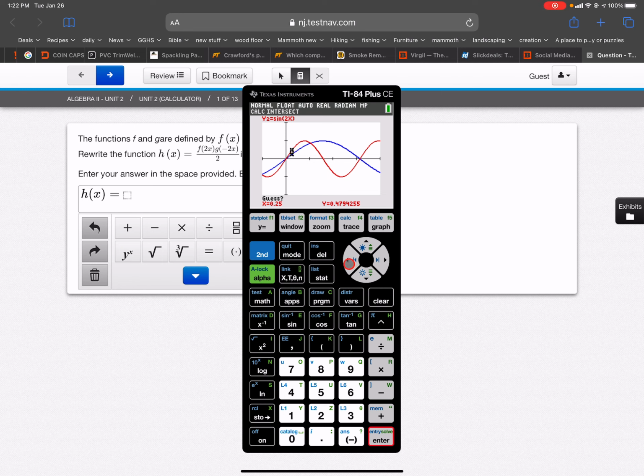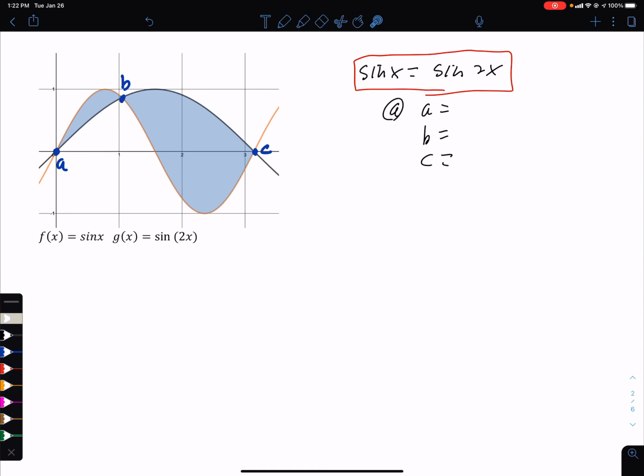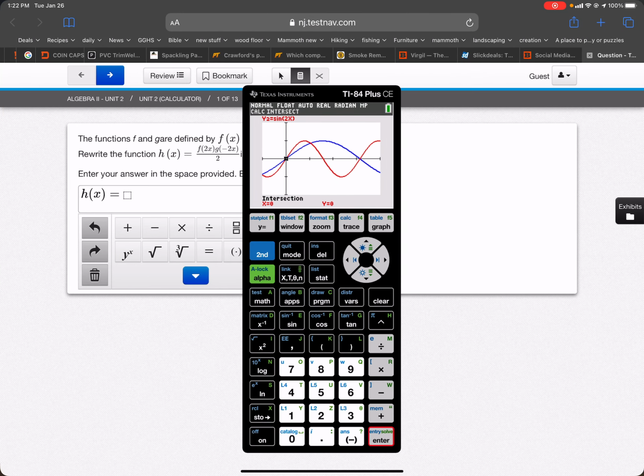What some people do, they'll put the blinky bob right near the intersection and say, okay, that's the answer, 0.0227. That is not correct. You have to enter your guess. I'm going to guess there. After I enter, it gives me the answer, and it's 0. So that one was easy, 0. So I'm just going to put a 0 here, and I'm done with that.